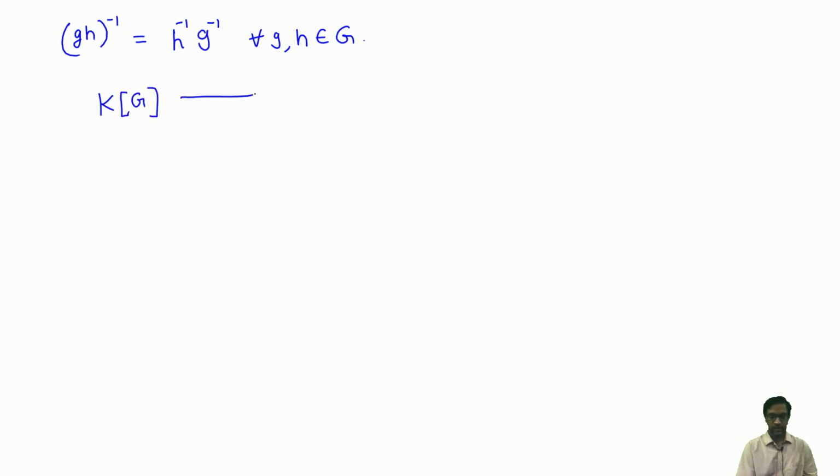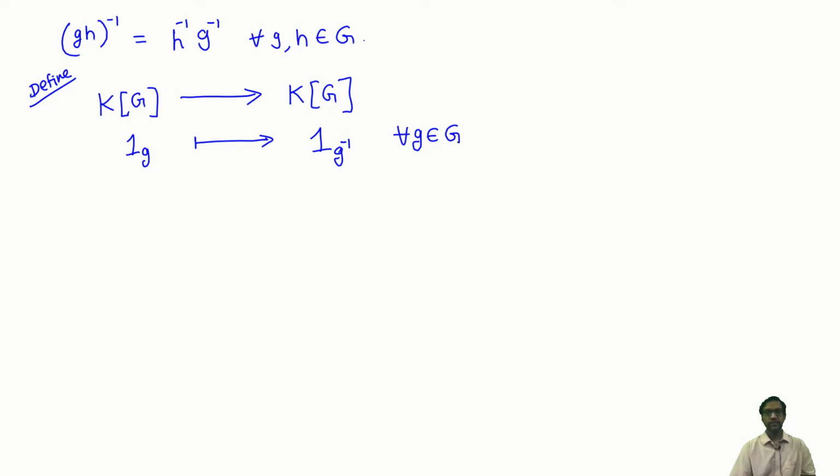We define the following map. So here's the isomorphism. Let's define a map psi from the group ring Kg to itself as follows. We take the basis element 1g to the basis element 1 sub g inverse, okay, for all g in G. Of course, if I define it on the basis, on a general element it's defined just as a linear combination, right?